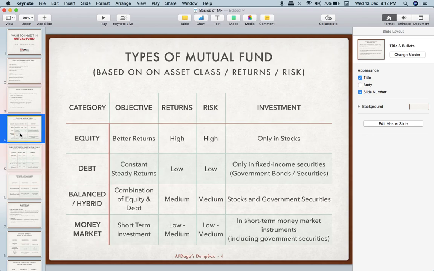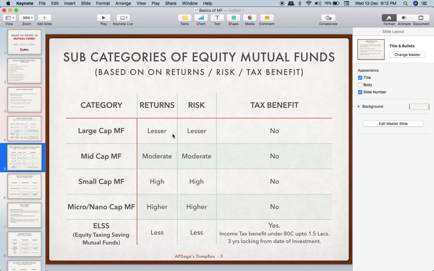So out of all these, we'll talk about equity mutual funds, which are quite famous for their returns, and they have high risk also. Within equity mutual funds, there are these categories: large cap, mid cap, small cap, micro or nano cap, and ELSS.